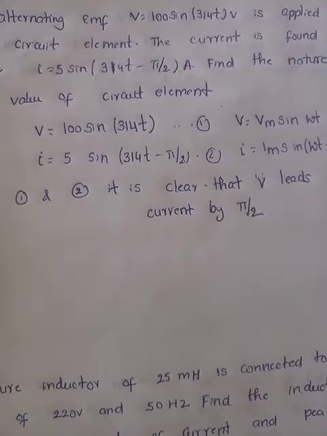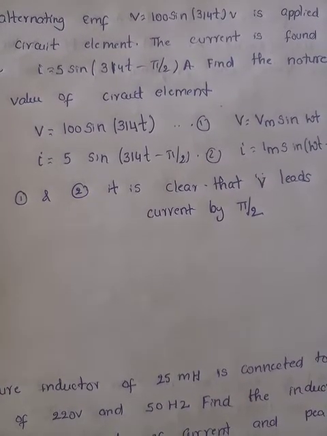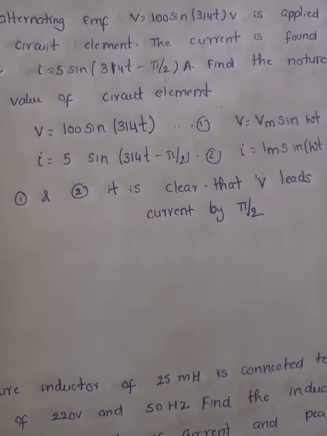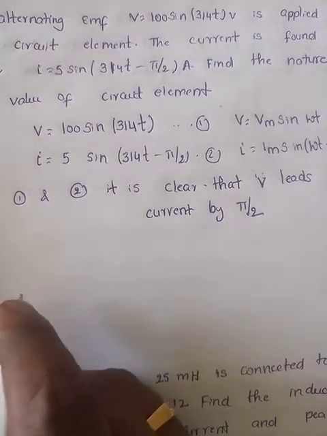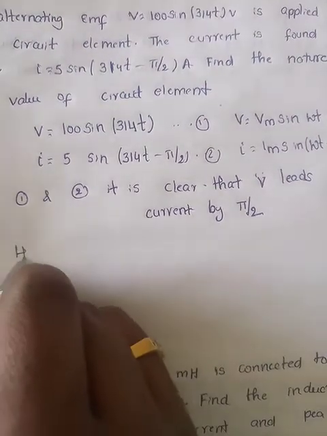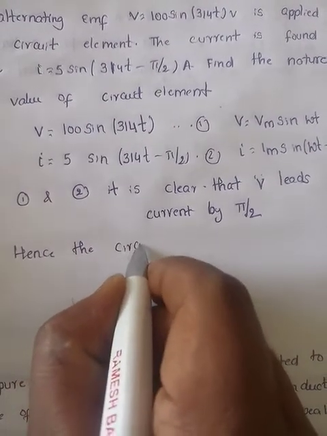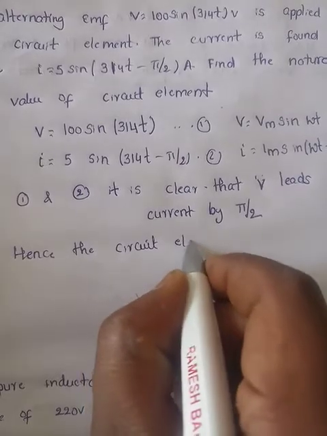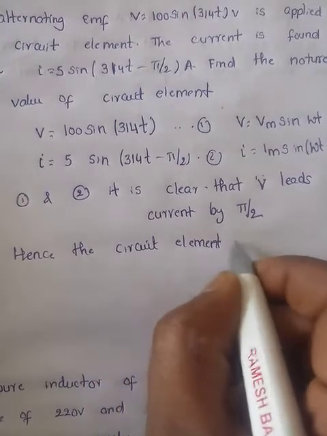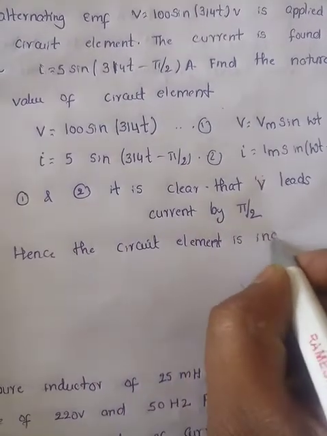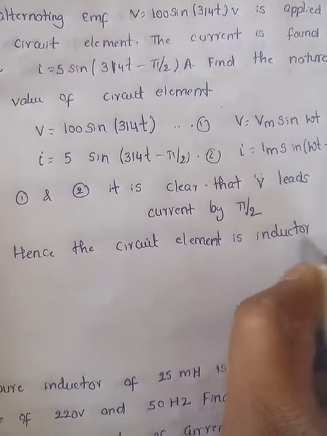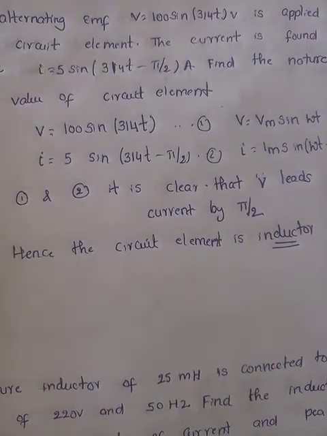We have done the derivations. In which circuit does voltage lead current? The inductor circuit. Hence, the circuit element is a pure inductor.